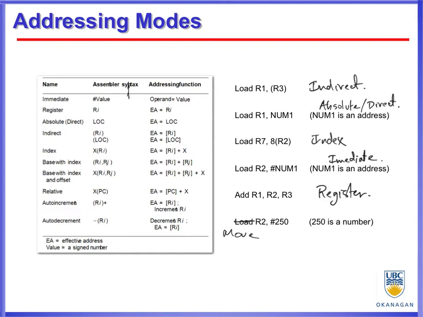But if you screwed up and you put brackets there when really you meant to put a pound sign there, then num1 probably doesn't hold a legitimate address. I mean, by that I mean an address where there's actually legitimate data stored. It would be a legitimate address, it's just that the data that's there is probably meaningless if you didn't mean to do it.